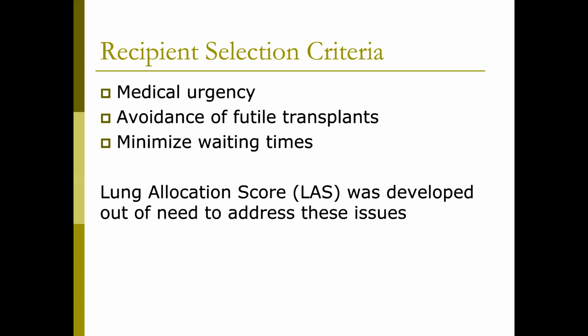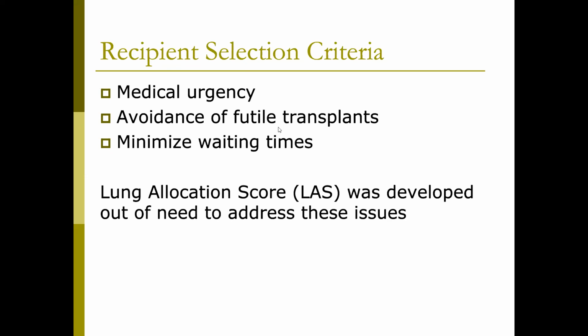So what should the criteria be that determine who gets the lung transplant? First of all, individuals that are sicker should be receiving a lung transplant more urgently, more expeditiously than the ones that are not as ill.